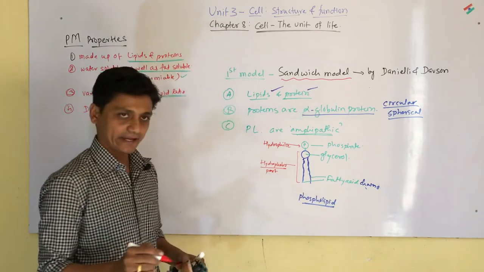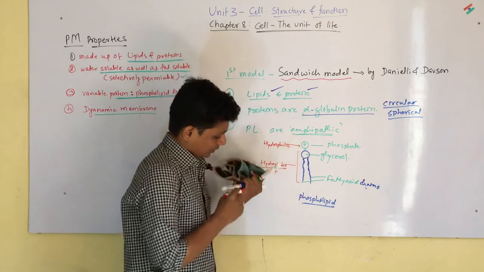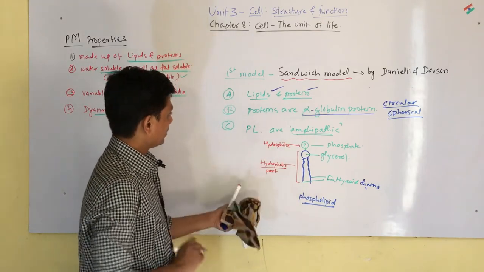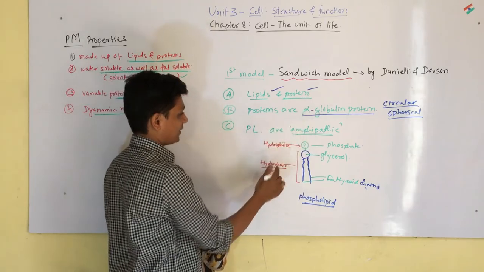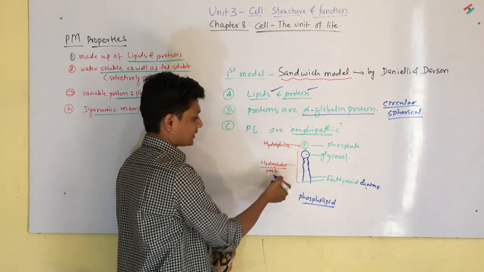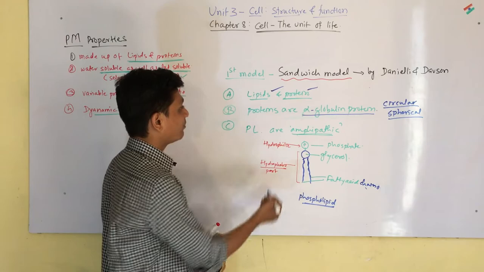Hydrophobic means it hates the water molecule, while the hydrophilic part loves the water molecule. So phospholipids are amphipathic, meaning they show both activities, water loving as well as water hating, so they are known as amphipathic in nature.